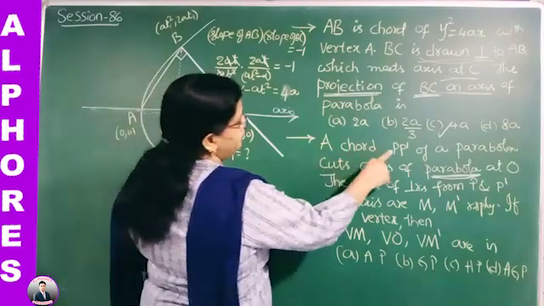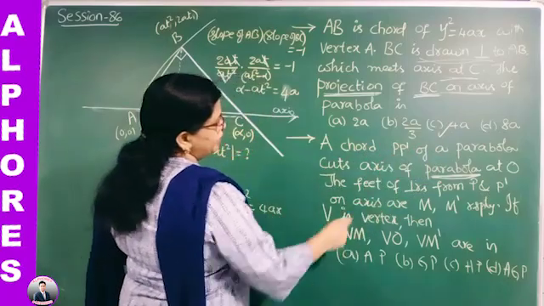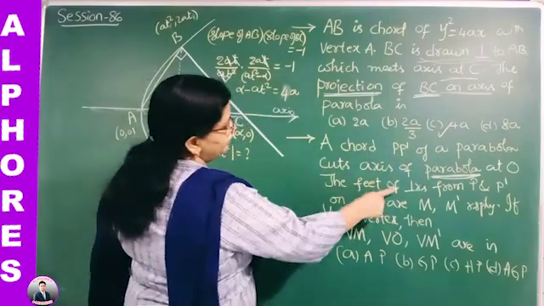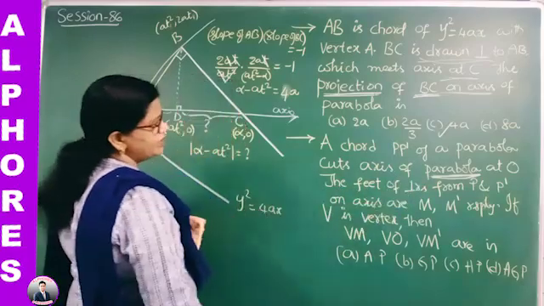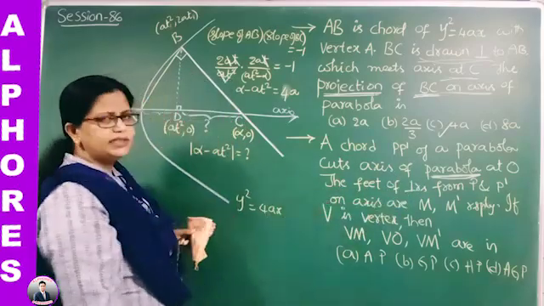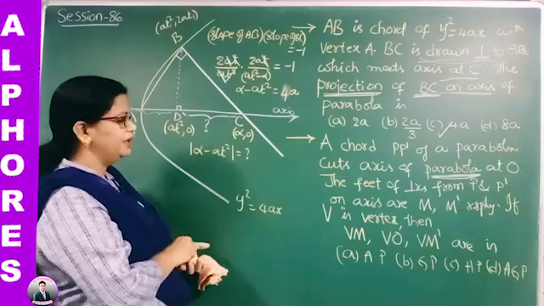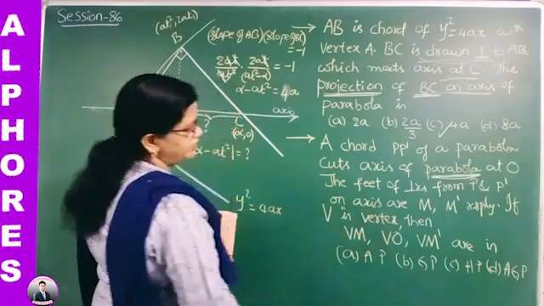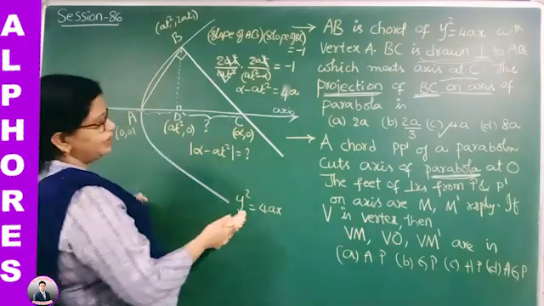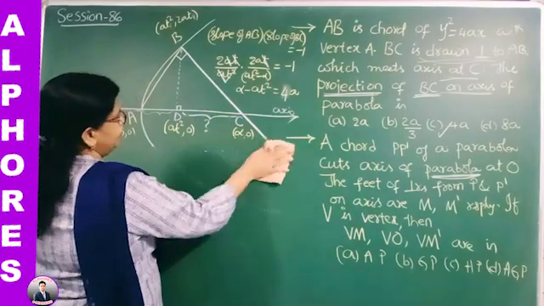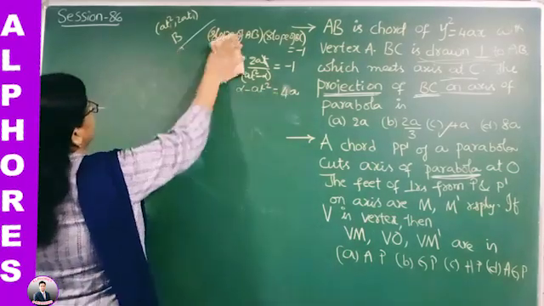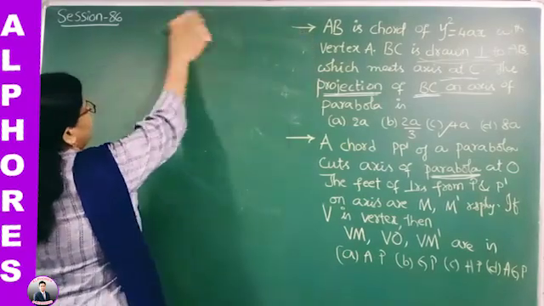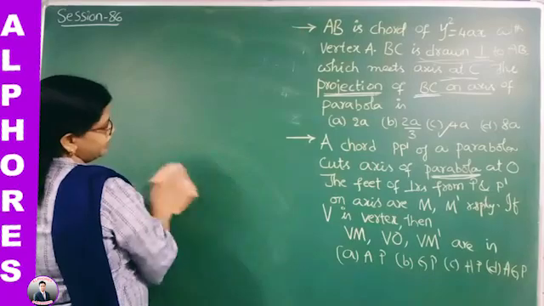A chord PP dash of a parabola cuts the axis at a point O, and next, feet of perpendiculars from P and P dash on axis are given as M and M dash respectively. If V is vertex, then what about these three values, in which progression they are? Okay, now again to prove this result, let us make use of the standard formula, that is standard parabola y square equal to 4ax.